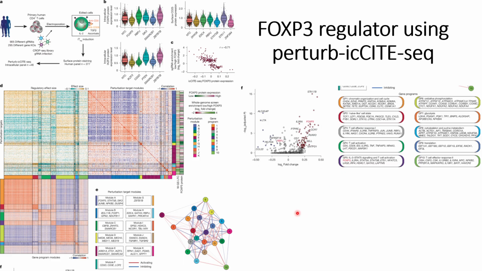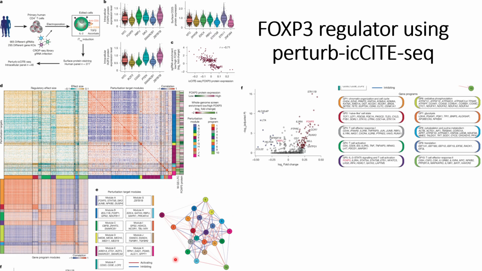So I hope you understood. In this case, activating and inhibiting are represented by red and green. The FOXP3 positive regulators, the activating ones, are connected through the red lines, and the inhibiting ones through the other colored lines.